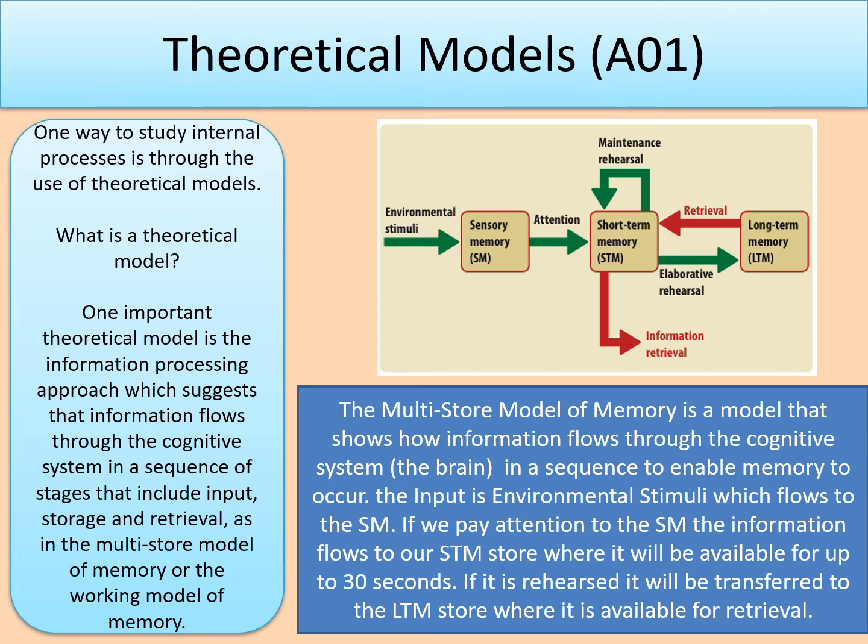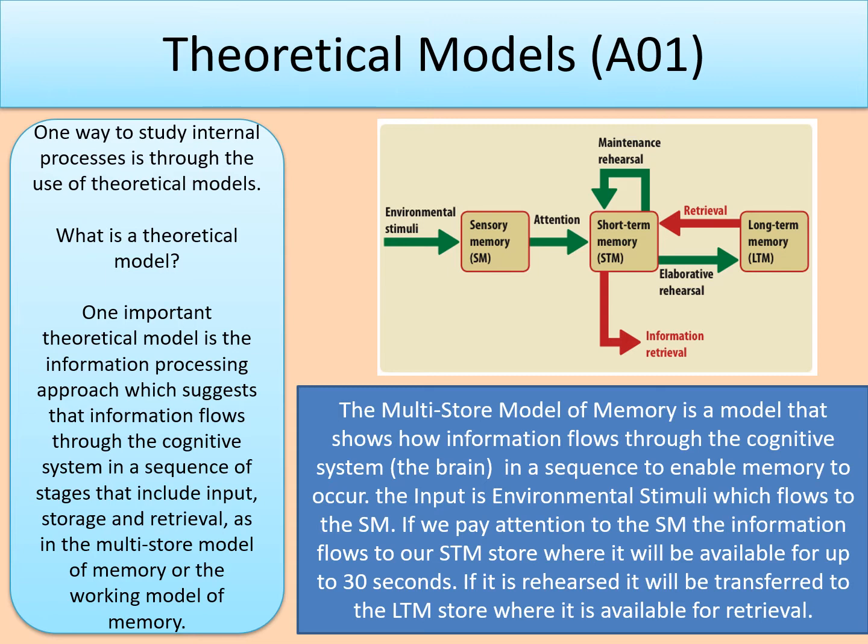So theoretical models are models like the multi-store model of memory or the working model of memory or lots of other models that show the cognitive flow of information, how it tries to show you through a model how information is being processed in the brain. And it makes sense to us to follow that model in order to understand it. So because we already know about the multi-store model of memory, you could use that as an example of a theoretical model showing how information is processed into long-term memory.